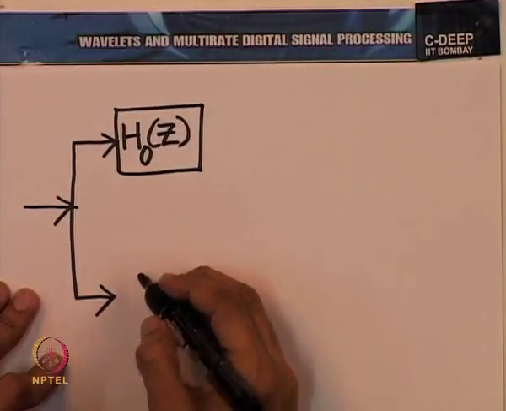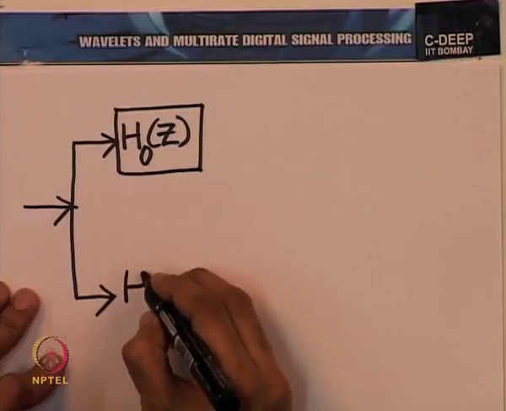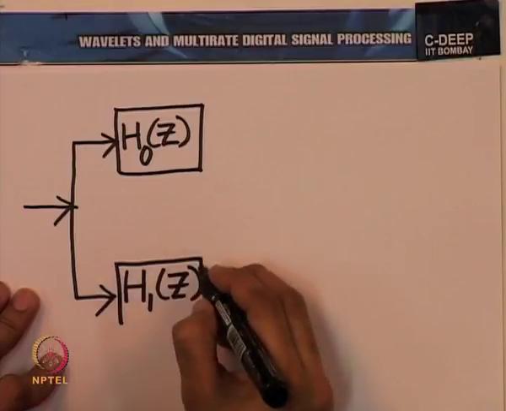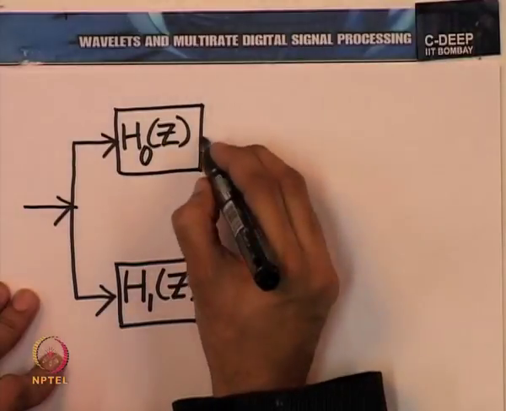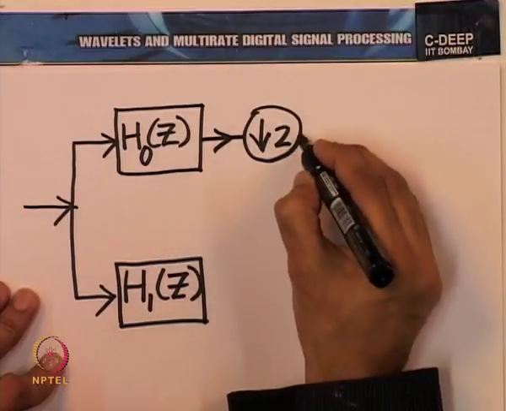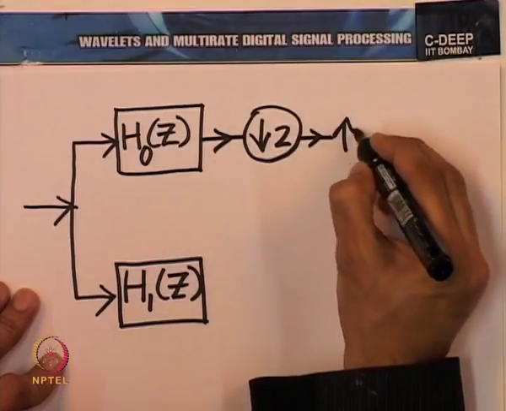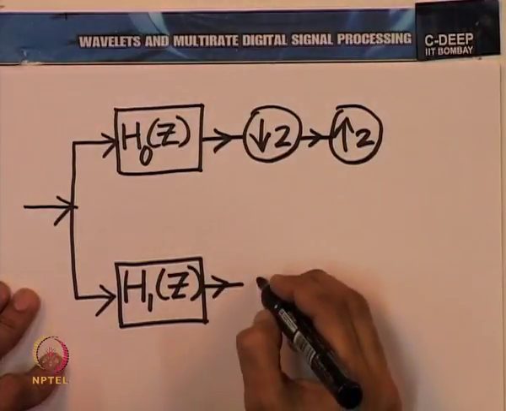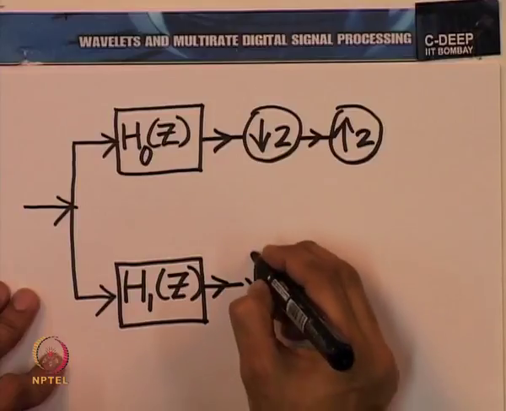Now, remember that H 0 was a low pass filter, H 1 a high pass filter. It is helpful to get this structure firmly embedded in our consciousness.